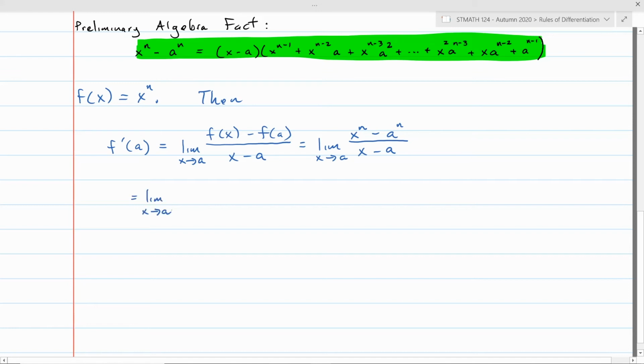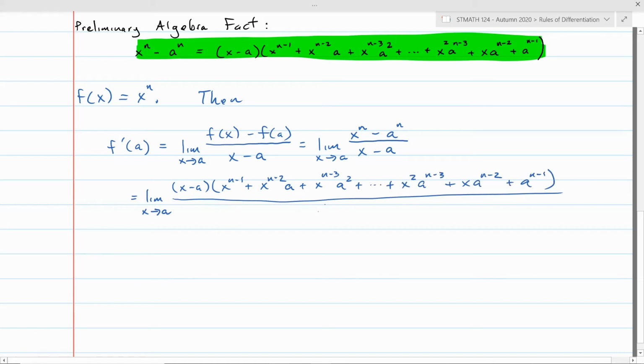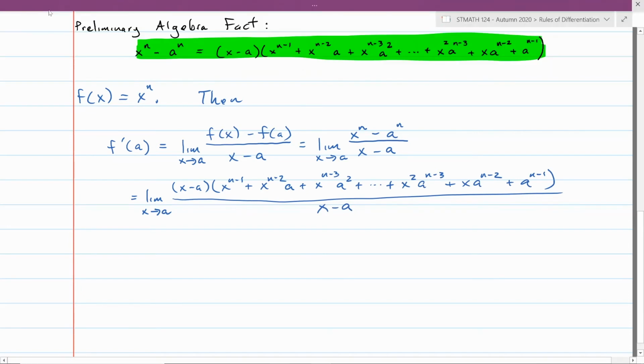So in the numerator, we're going to replace it with the right-hand side of the expression in green above, and you get x minus a times x to the n minus 1 plus x to the n minus 2 times a plus x to the n minus 3 times a squared. And anyway, I'm just copying what I see above there. So anyway, wow, this looks really yucky and scary right now. But at least something good is happening. I can get my canceling stick out and cancel those x minus a's out.